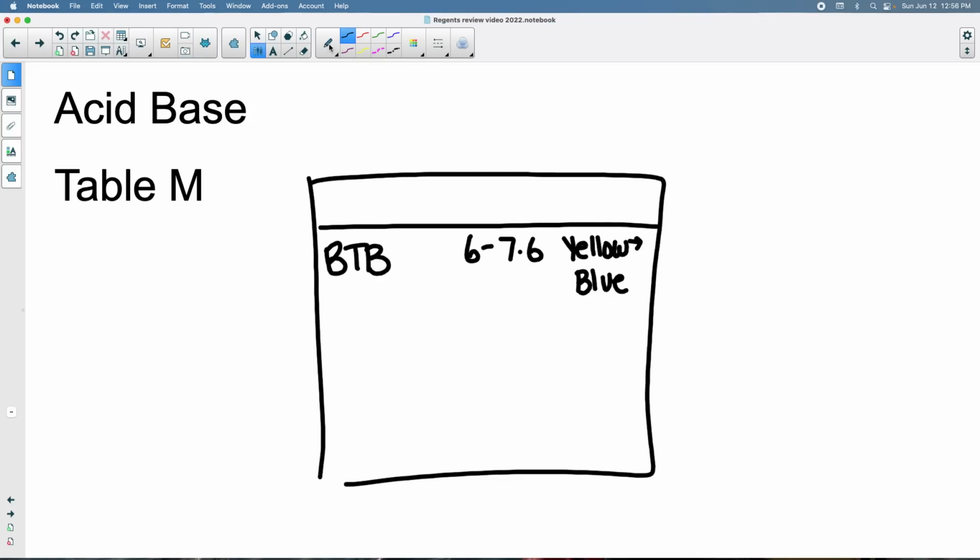What that means is that before 6, it's yellow. After 7.6, it's blue. But in this middle range, it's green. So anytime you see bromothymol blue, if it's yellow, the pH is less than 6. If it's blue, the pH is more than 7.6, and if it's green, it's in that center range.